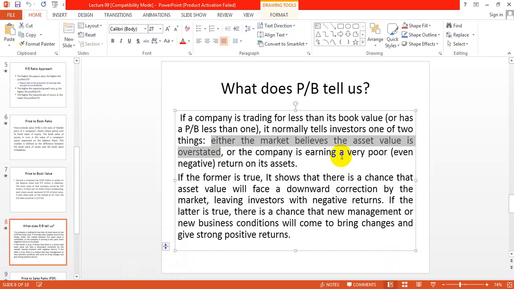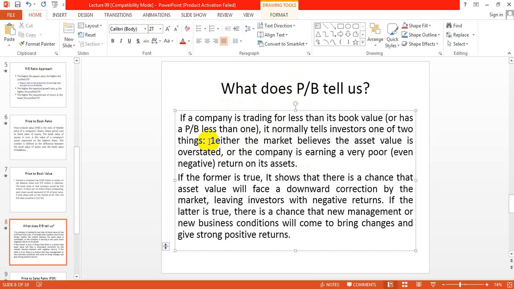The company is earning a very poor return on its assets. The company's return on assets is very poor. Means the company's performance is very poor. So if the value of price to book is less than 1, it will convey us two things.